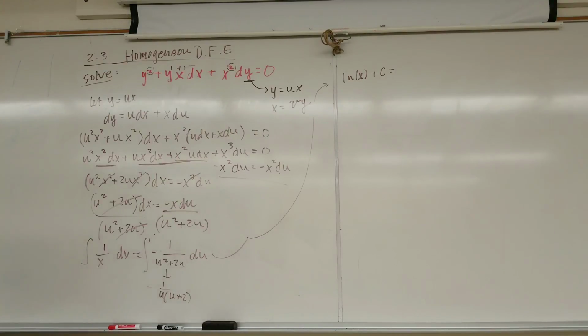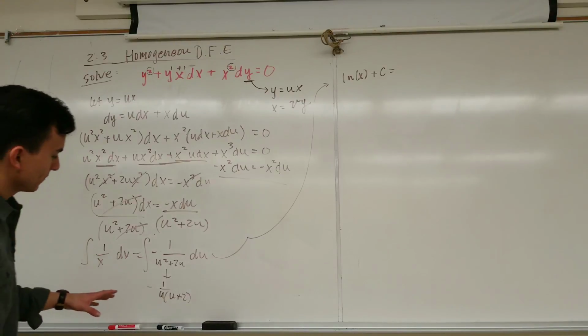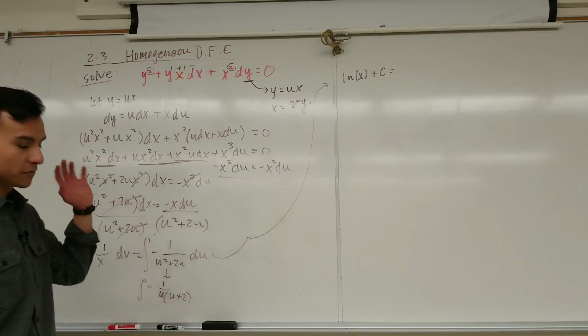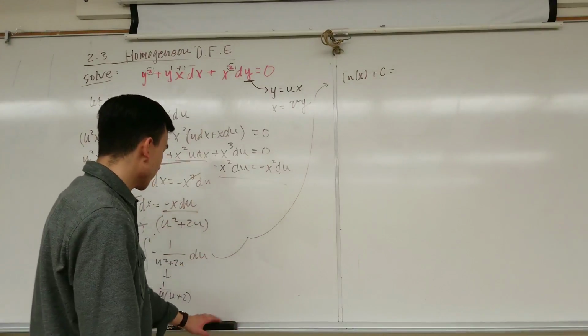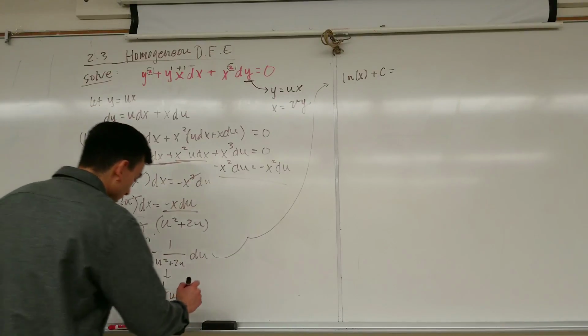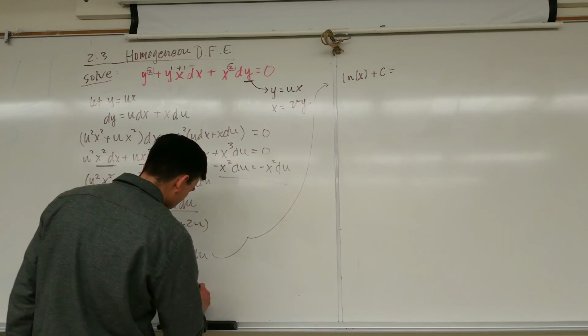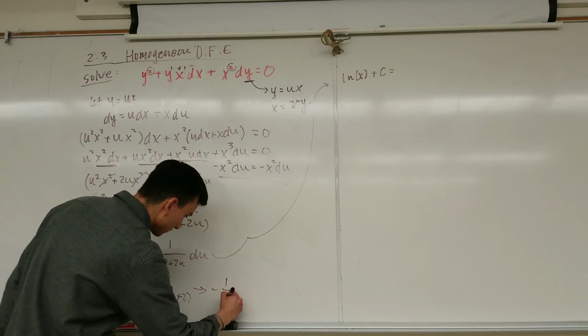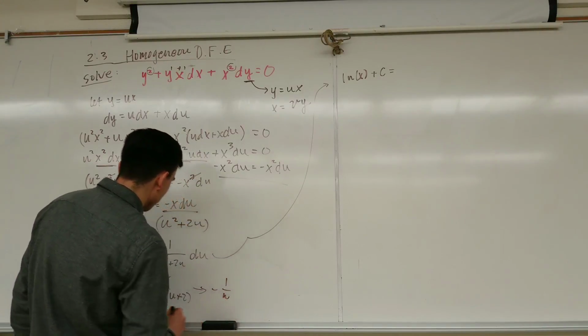And this is where one of our techniques comes in handy. If you remember partial fractions being a way of integrating, we're going to have to use partial fractions. So hopefully you remember how to do that.